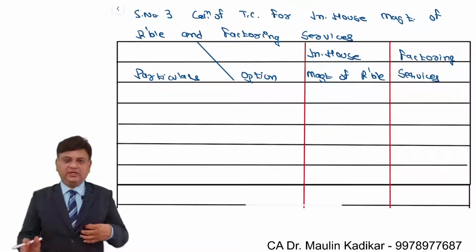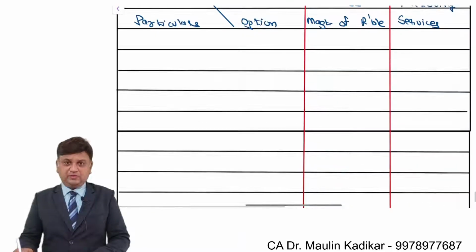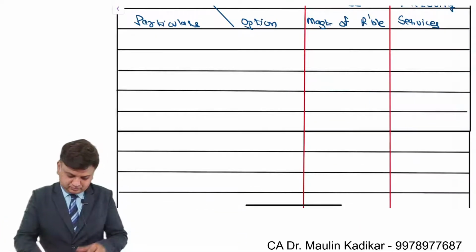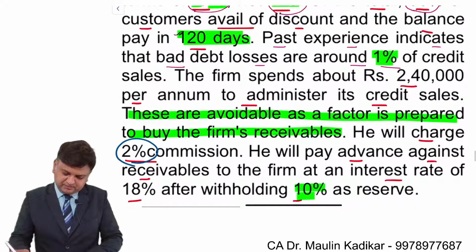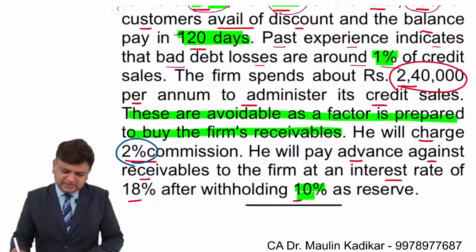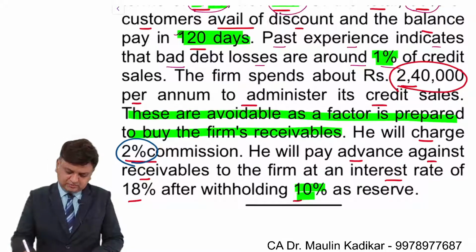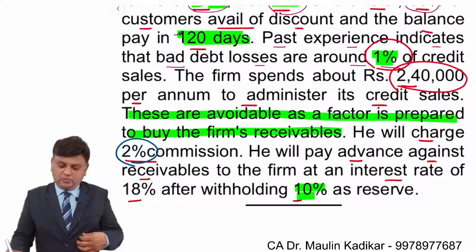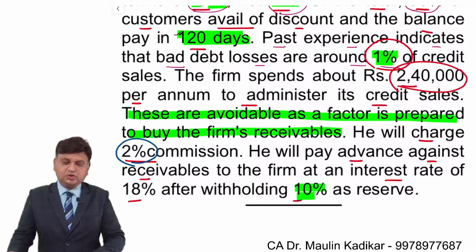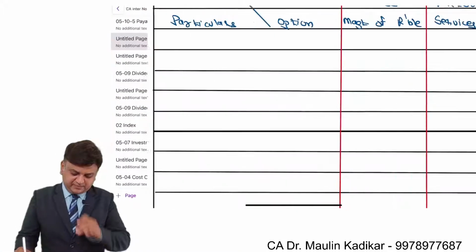So friends, over here, in case of in-house management of the receivable, the total cost will be found something like this. We understand that, as per the given information, 2,40,000 rupees is the administration cost or the collection cost. Then 160 lakhs into 1%, 1,60,000 is the loss on account of bad debts. Those two are the expenses which we have apparently.